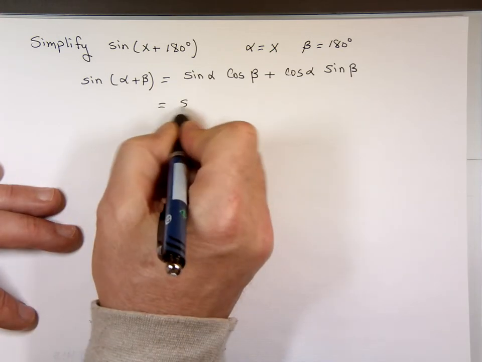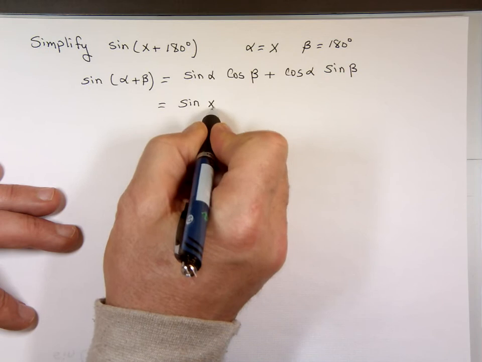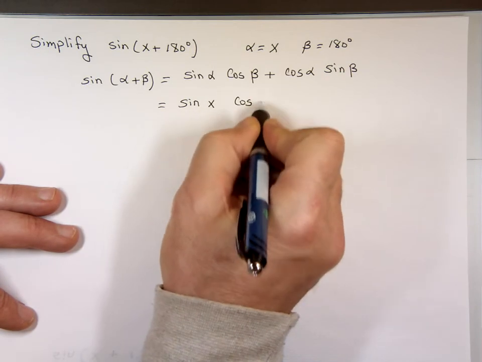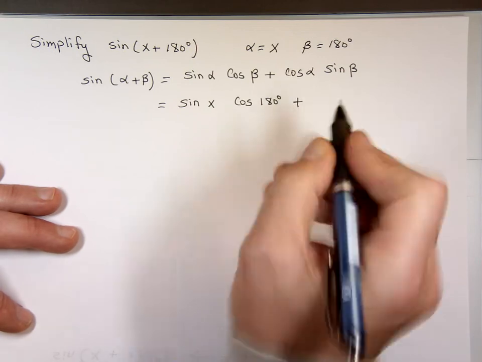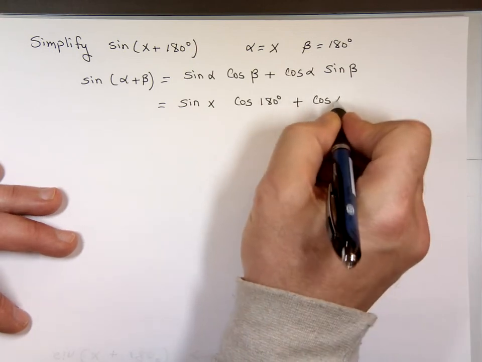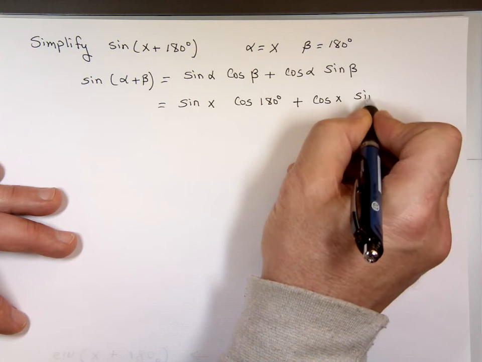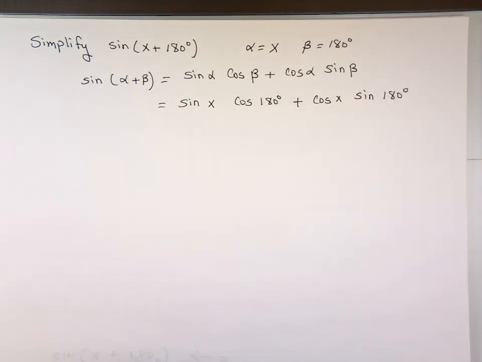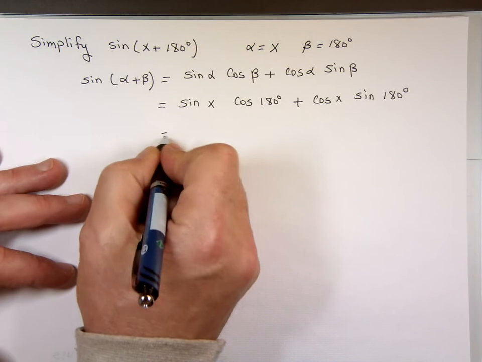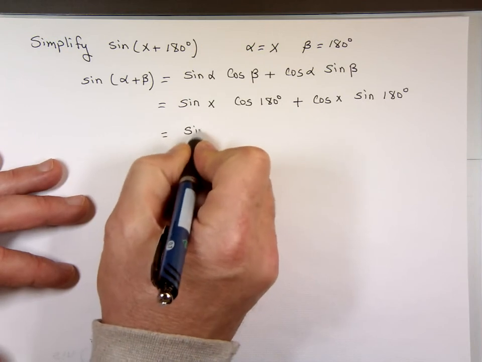Sine of x cosine 180 plus cosine of x sine 180. Again, you can look at the unit circle or your calculator, either one. We don't know what x is, you'll never be able to find the answer to it.